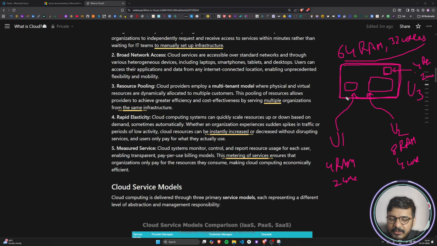The users can spin up the smaller servers inside this larger server. So basically, this is what resource pooling is: multiple users or customers can be allocated resources dynamically.